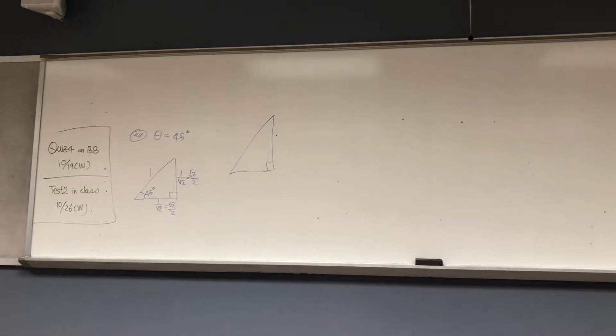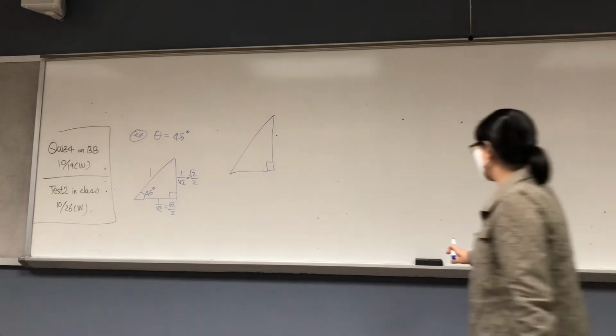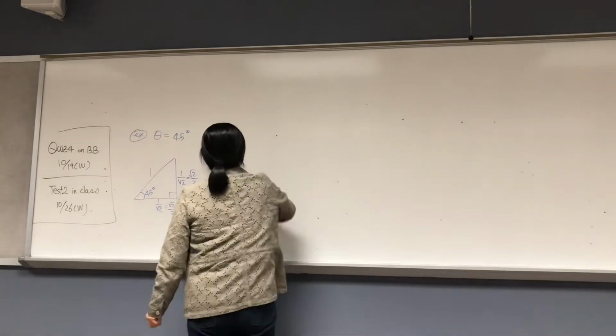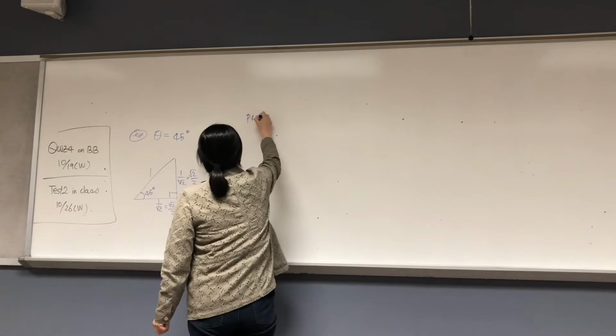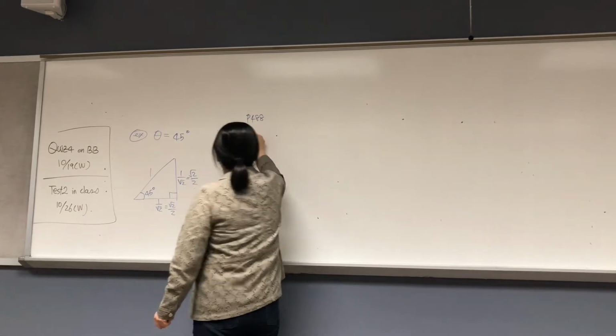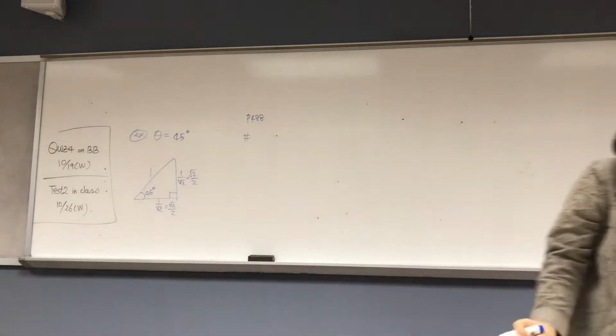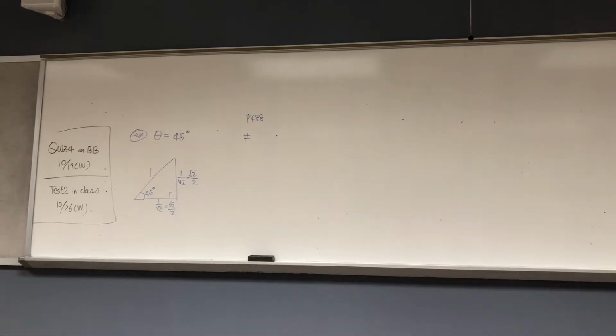Okay, x and y of a double triangle. I think it's on page 499. Yeah, 488. How about number 50?